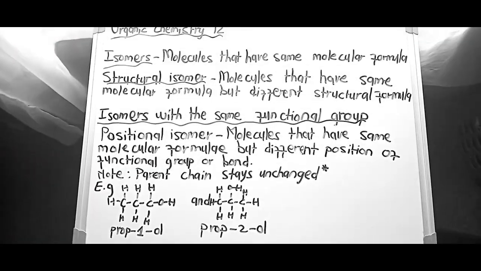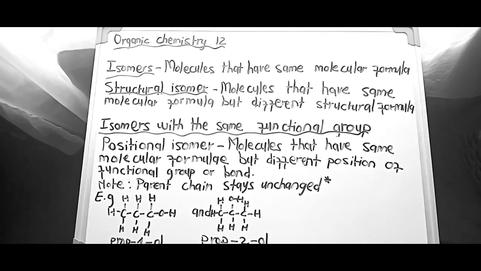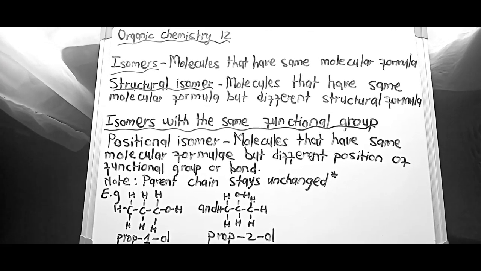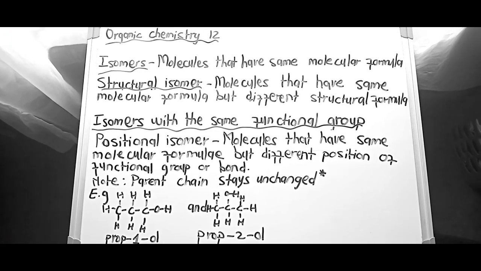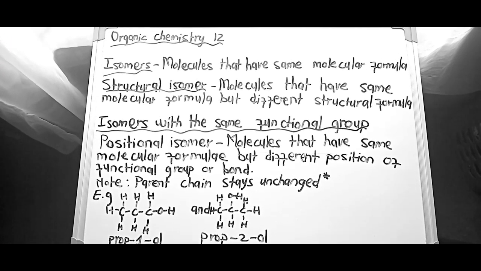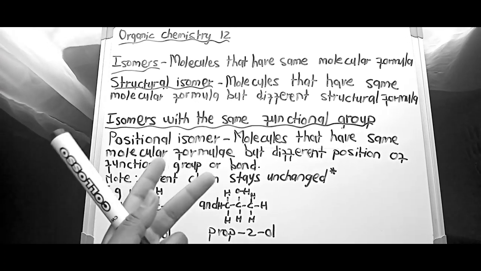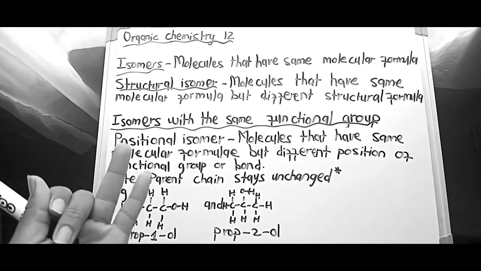The next isomer with the same functional group is what we call positional isomer. There are two under isomers with the same functional group: structural isomer and positional isomer.